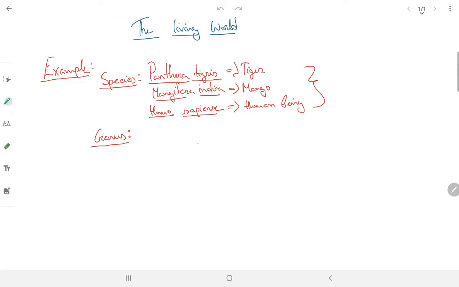Let's see. We said similar species. Suppose we know Panthera tigris is tiger, right? Another important thing you need to know is that when you are underlining them, you have to underline them separately.